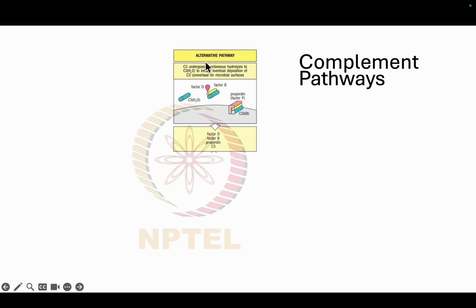One example of the alternative pathway: C3 protein undergoes spontaneous hydrolysis to C3H2O to initiate eventual deposition of C3 convertase on microbial surfaces.